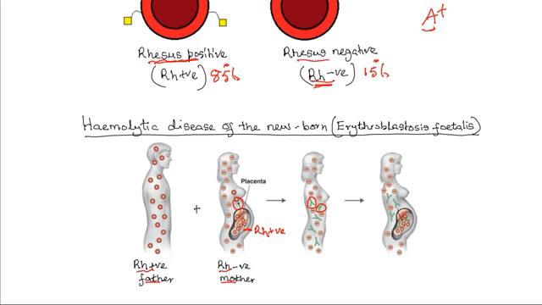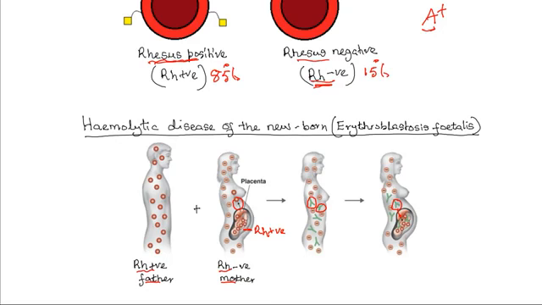Now, the Rhesus antibodies destroy some of the red blood cells of the fetus because these antibodies can pass across the placenta back into the fetal circulatory system. So within the fetal circulatory system, the Rhesus positive red blood cells are destroyed by the anti-Rhesus antibody.